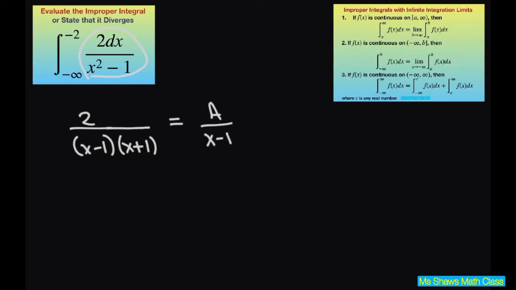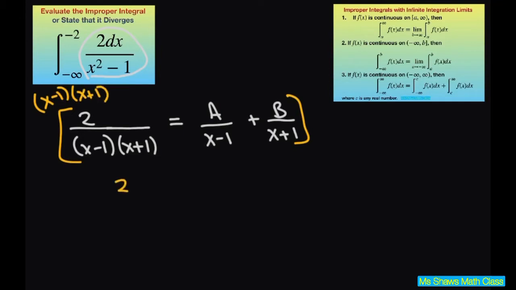We clear the fractions by multiplying through by our denominator, x minus 1 times x plus 1. That gives us 2 equals a times x plus 1 plus b times x minus 1.